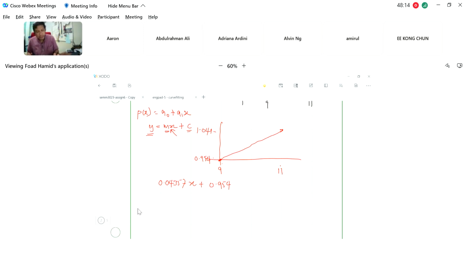I think this is slightly wrong because I need to shift. Remember that I shifted my x-axis starting with 9.